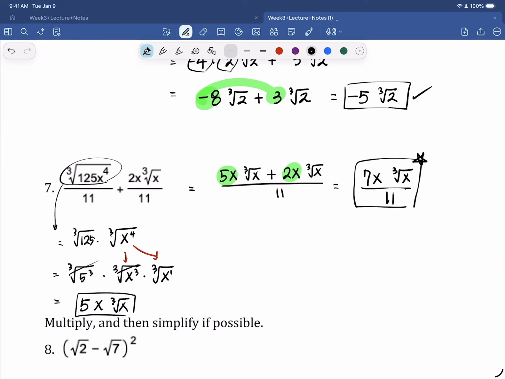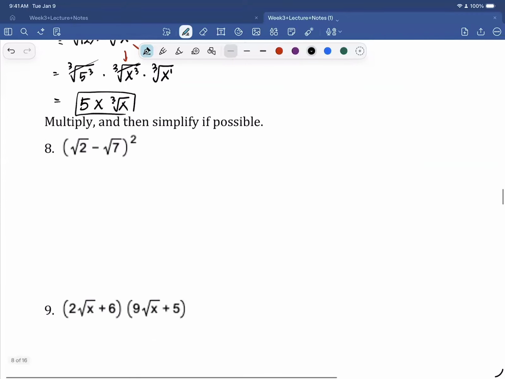And number 8 is the 2 repeat, right? So like I said, I'm going to use the fast way, a minus b squared. I mean, you can do the FOIL, okay? That is a squared minus 2ab plus b squared. So like I said, this is a, this is b.